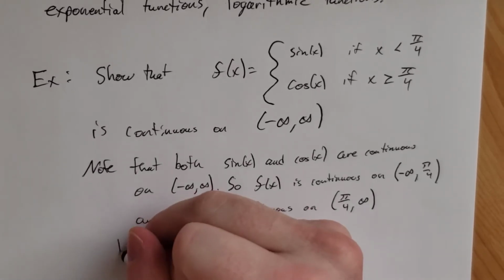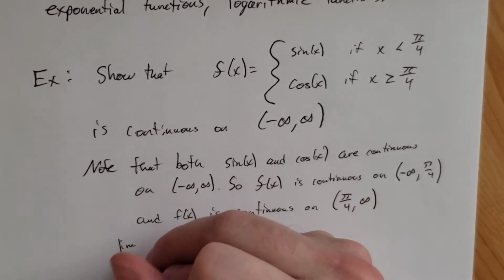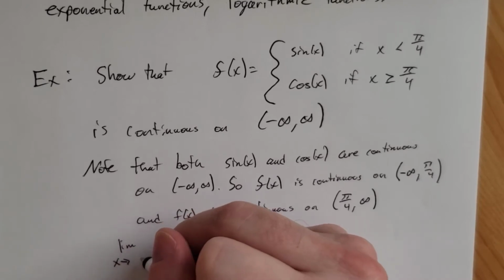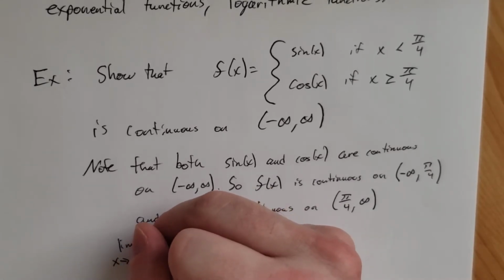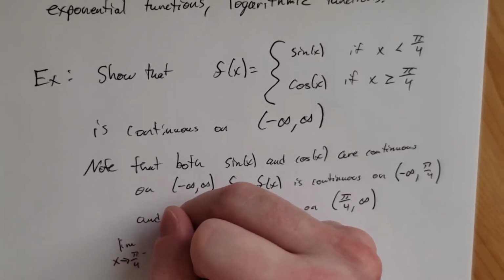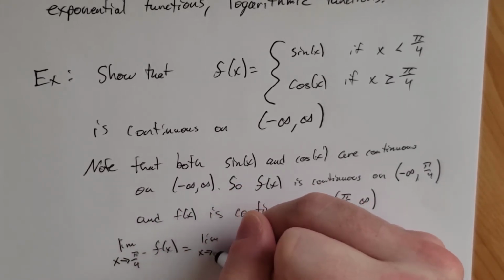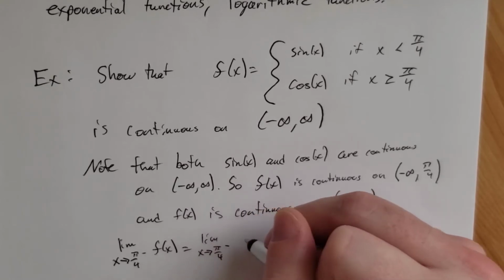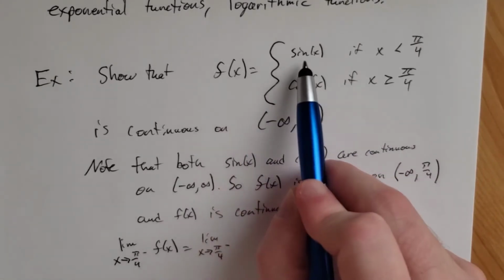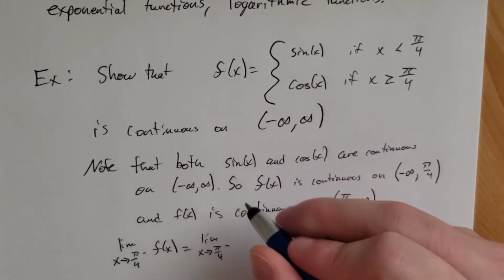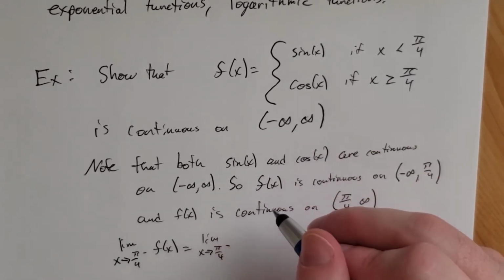Well, we need to find the limit as x approaches pi over 4 from the left of f of x. Our function f of x was defined to be sine of x just to the left of pi over 4.